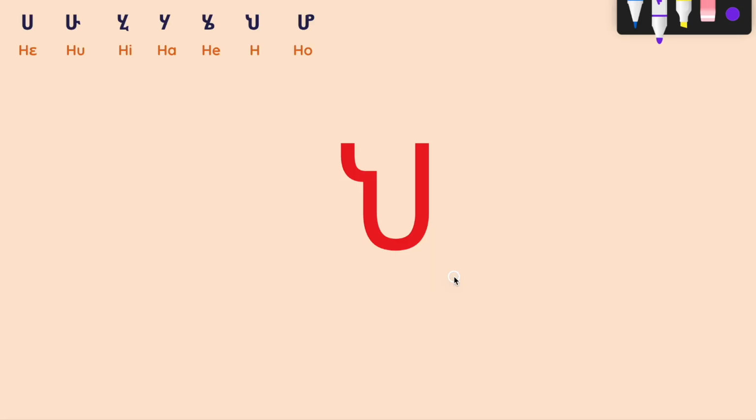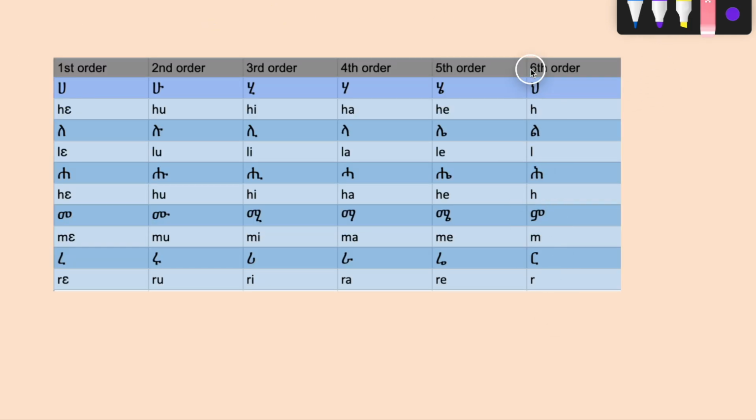Sixth order letter, H. Okay, so the sixth order letters are special, okay? They're very special. And the reason is because they don't have a vowel attached to them, okay? So they would just be just a consonant. So in this case, this would be just H, the sixth order characters.